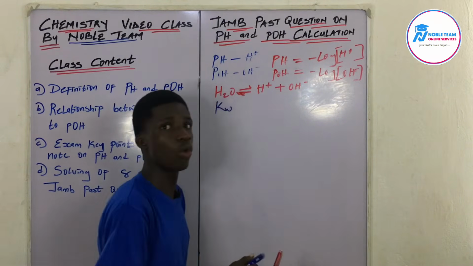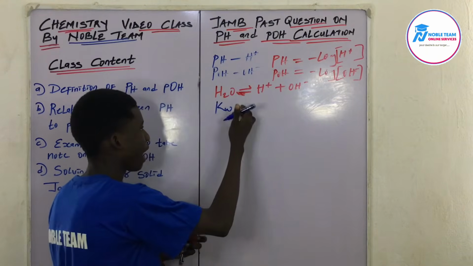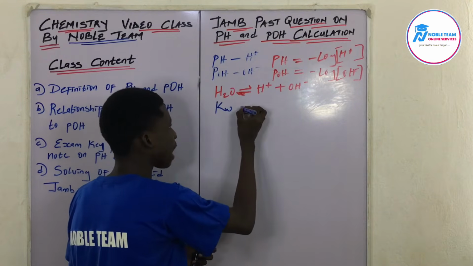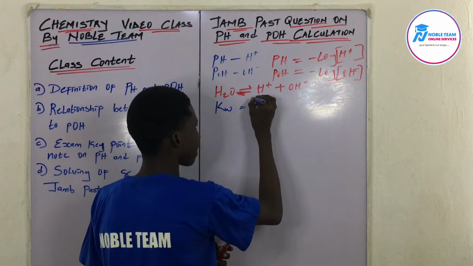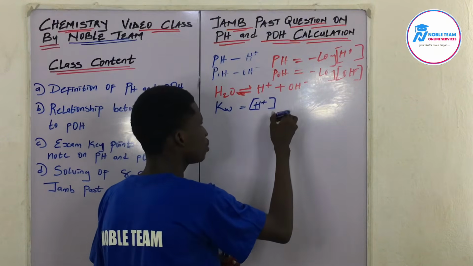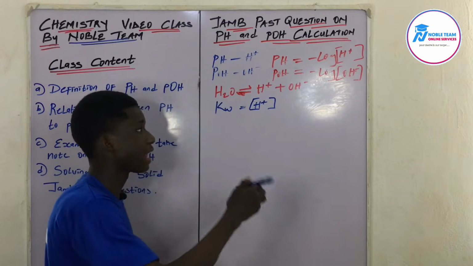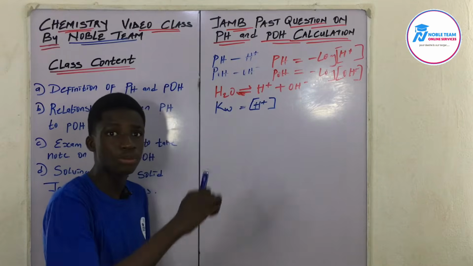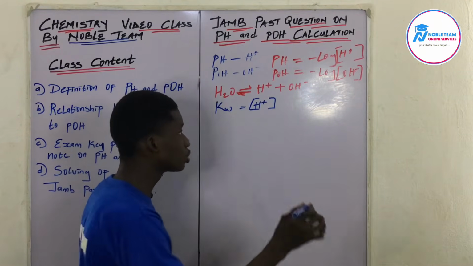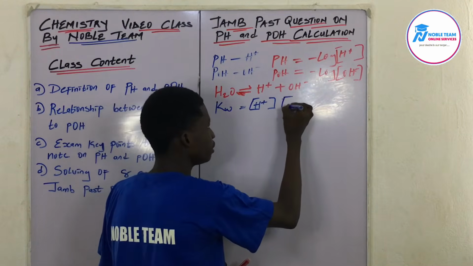All you have to do is follow me closely. Kw is now equal to H plus, then OH minus, in this bracket. Remember, there is a difference between using a curvy bracket and a closed bracket. We don't use a curvy bracket in this; we use a closed bracket. Just note the difference. And also, I have this.